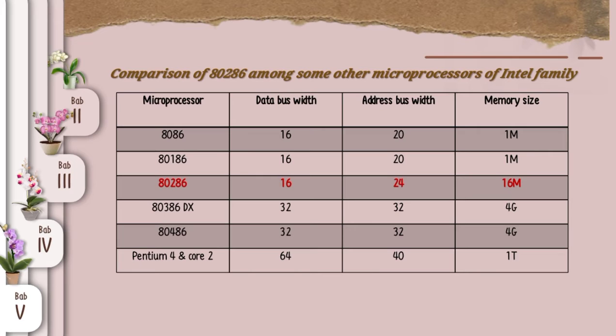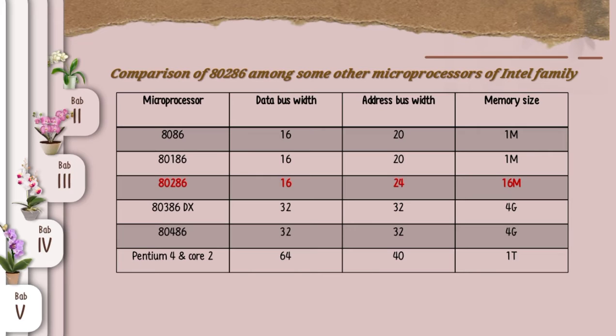Next, our 80286 has a data bus width of 16, also the same as the two, an address bus width of 24, and a memory size of 16 megabytes.